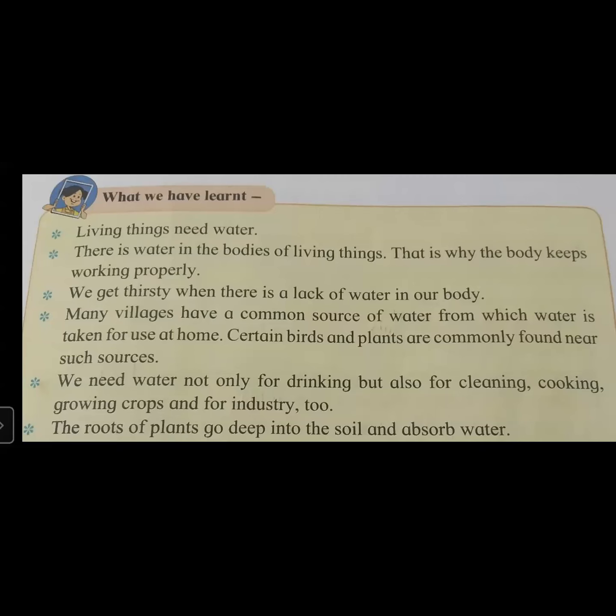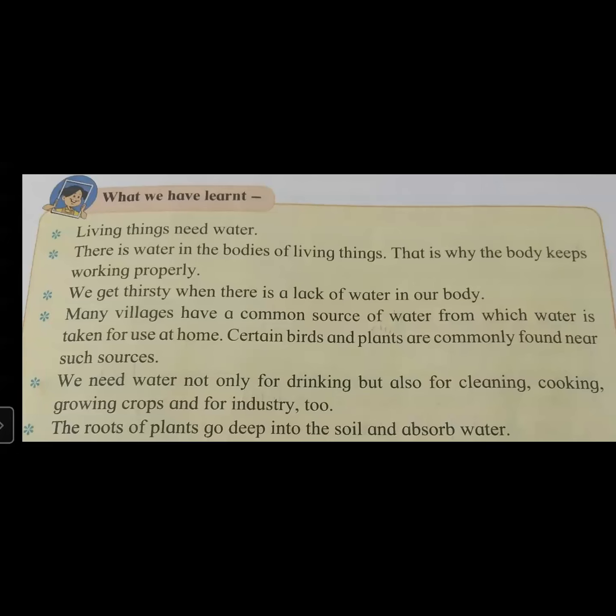Many villages have a common source of water. They go to the rivers or wells to get water, and they use it at home. We saw certain birds and plants are commonly found near these sources of water. They live in the places where water is available.